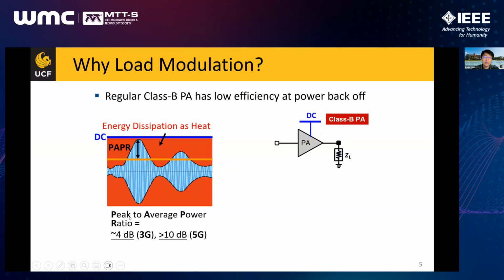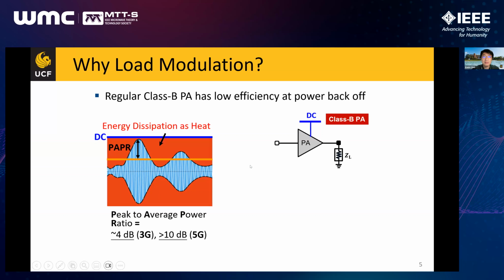Intuitively, the higher data rate we want to achieve, the higher the fluctuation of this amplitude is. So in 3G, we have a PAPR typically around 4 dB, but it has increased to more than 10 dB in 5G due to the much higher data rate and much more complex modulation.